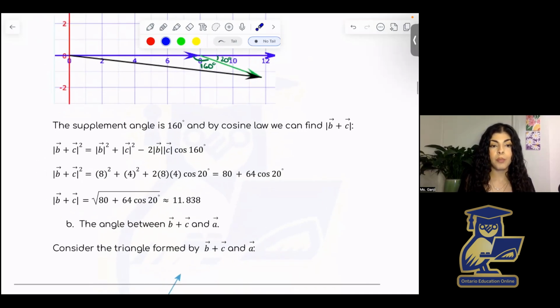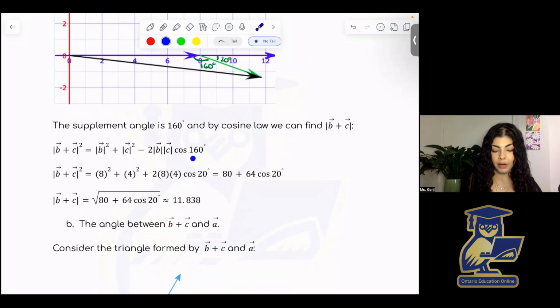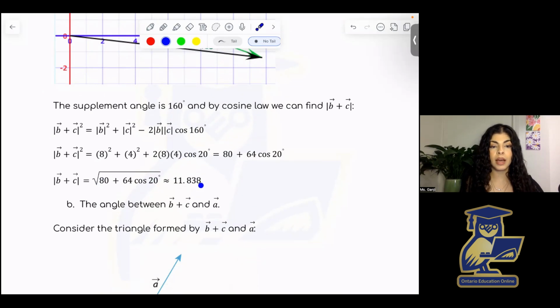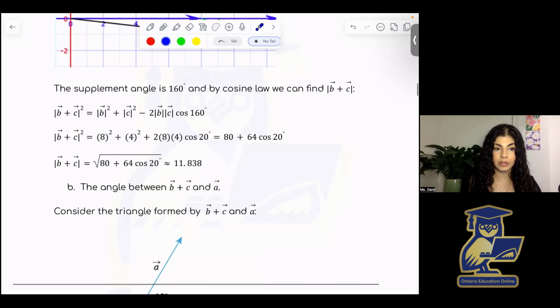And remember, with cosine, this is one of the properties where I can do negative of cosine of 180 minus this angle, which is now positive cosine of 20 degrees. And so now this square root will give me approximately 11.838, which is the magnitude of the resultant.